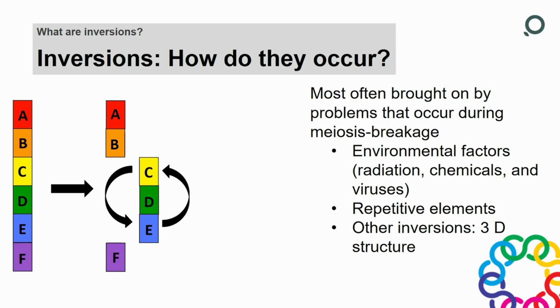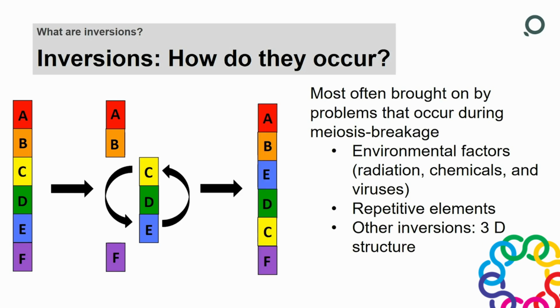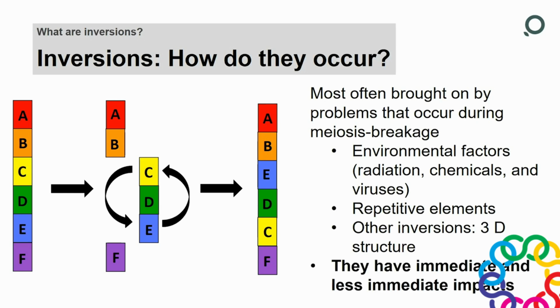We also know that other inversions make the 3D structure of chromosomes a little bit more amenable to breakage. But the important thing about inversions that I want you to think about is that they have immediate impacts on the individual and also less immediate impacts. Here I show you again, it gets reinserted back into the chromosome, so you've got this inverted sequence here. And they have immediate and less immediate impacts.